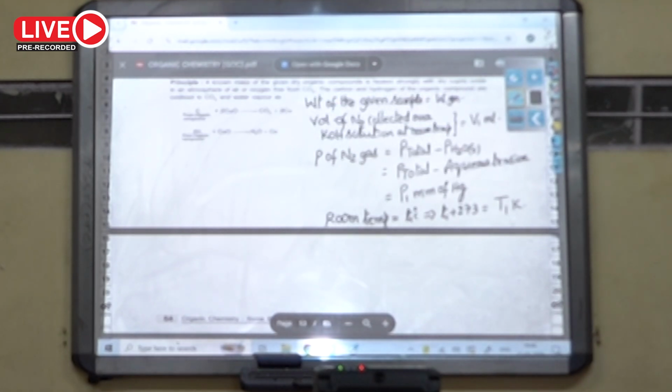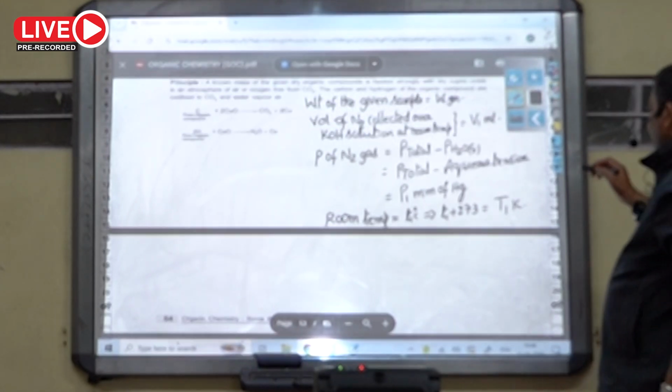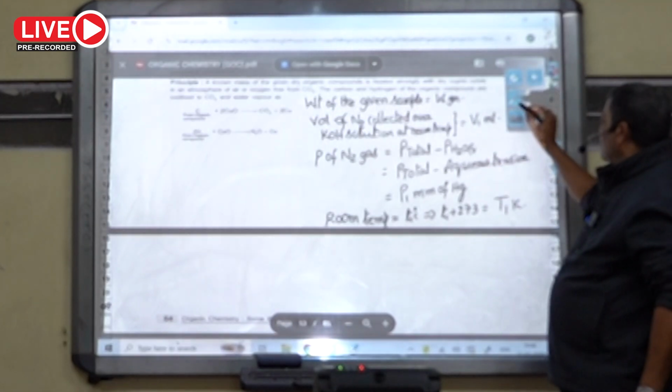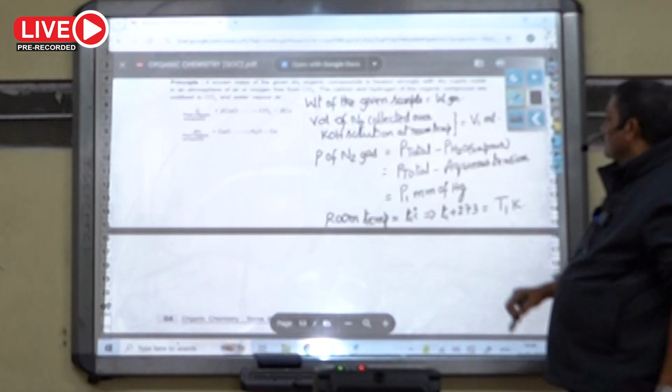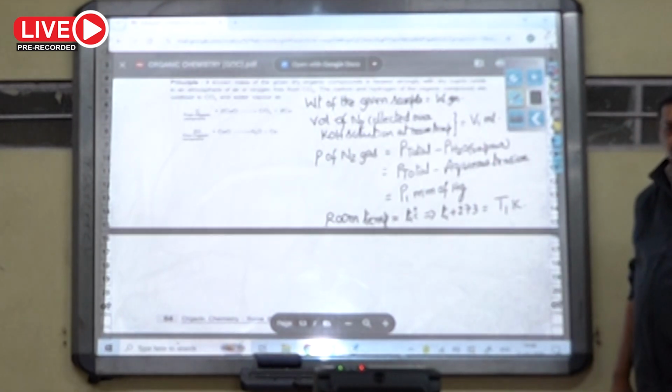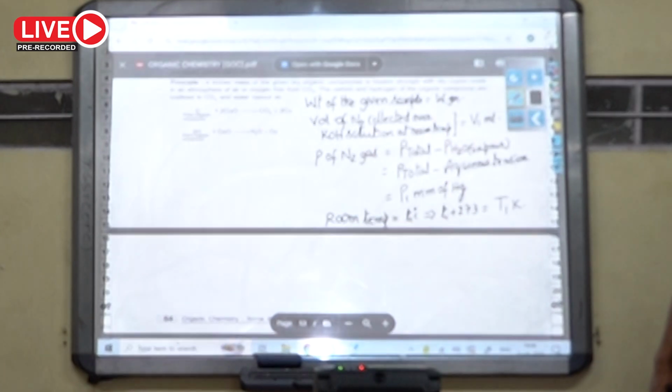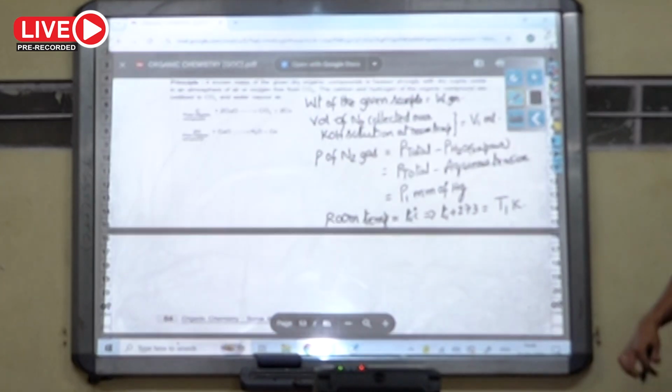So that's why in the next line, what I mentioned, pressure of nitrogen is equal to P total minus aqueous tension. What is aqueous tension? Partial pressure of water vapor. Here V means water vapor.